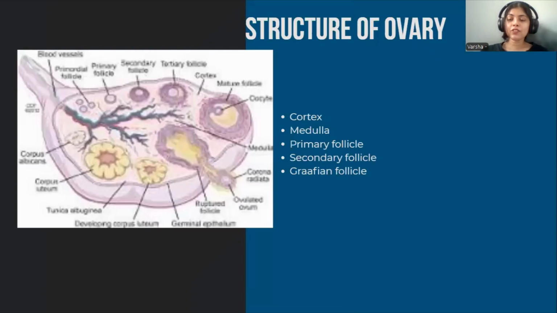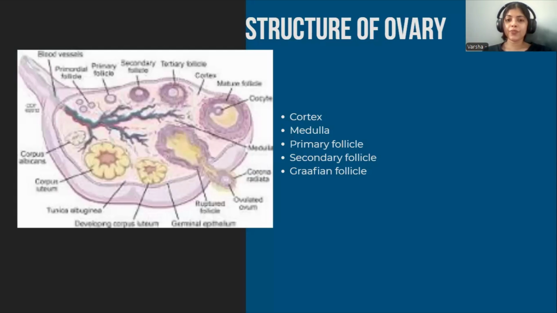Now let's talk about ovaries. Ovaries are primary female sex organs. They perform two functions. First, they produce ova, and second, they secrete hormones like estrogen and progesterone. These hormones regulate the menstrual cycle and pregnancy.